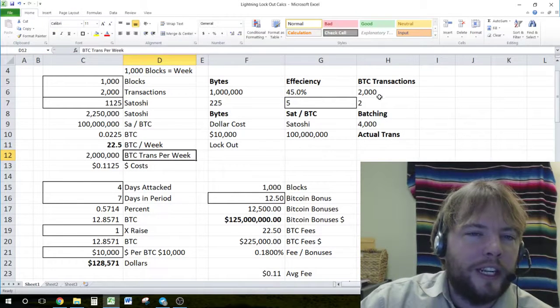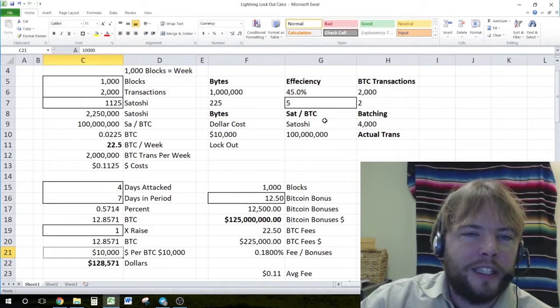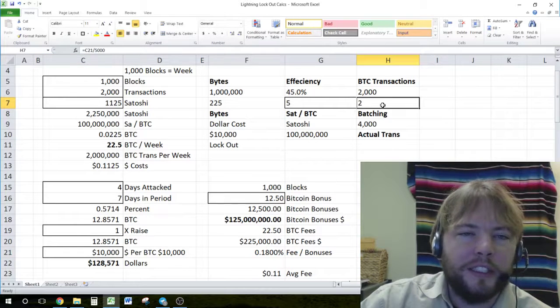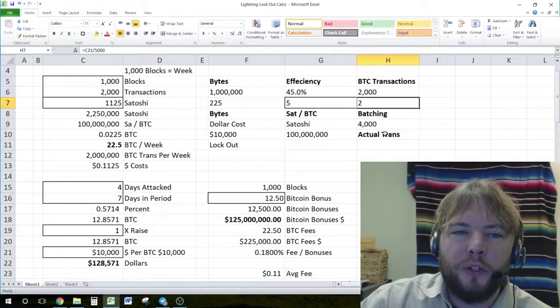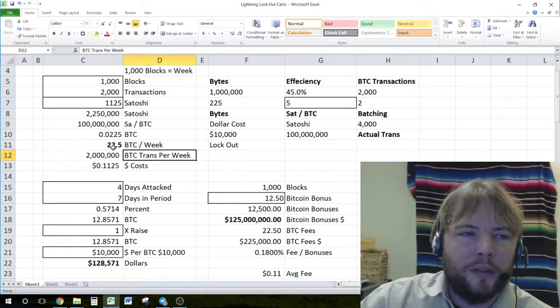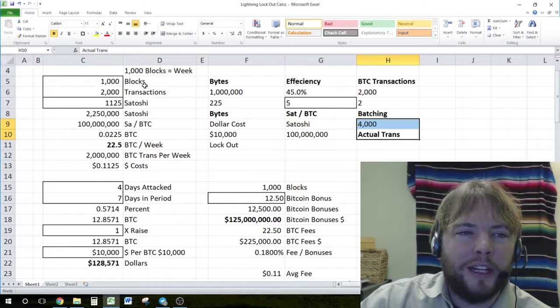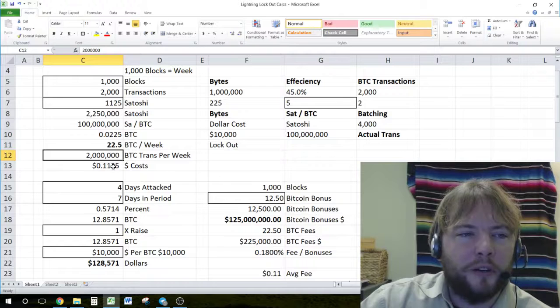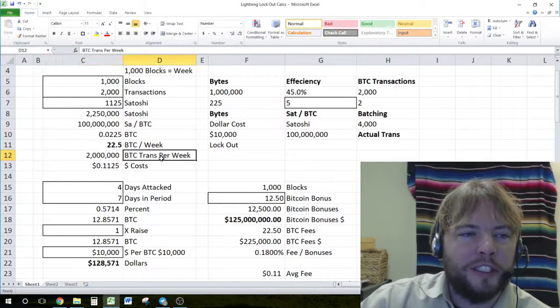With this analysis, I'm going to say that the average Bitcoin transaction represents 2 actual transactions because of batching, and therefore there's 4,000 actual transactions per block, or 4 million actual transactions per week, but only 2 million Bitcoin transactions.